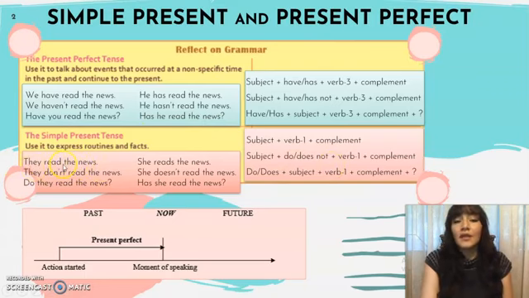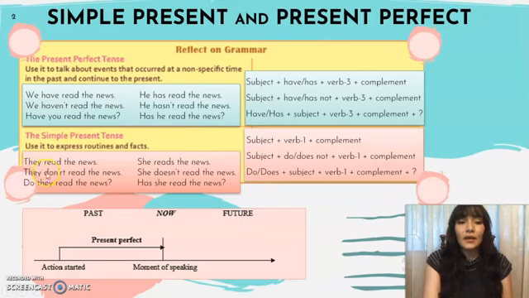They read the news. Can you notice the difference between these both verbs? Read and read. So, they read the news. They is the subject. Read is the verb in the base form. The news is the complement. Now we have the same sentence but in negative form.